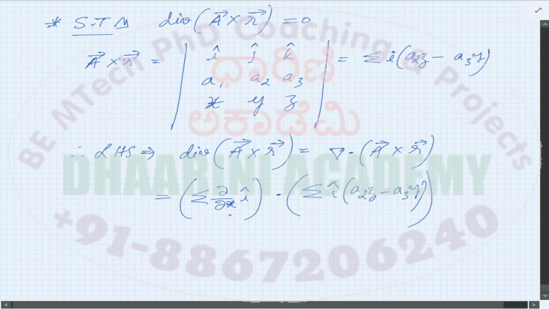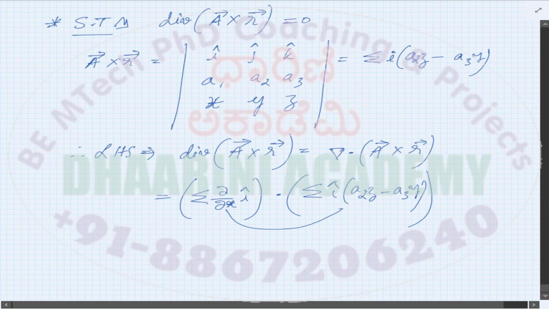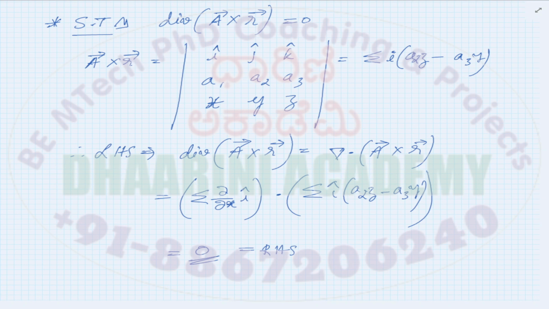Now you see, if you apply dou by dou x to this, there is no term containing x, which means it is 0. Differentiation becomes equal to 0, so all the terms will be reduced to 0 ultimately. So we can simply write this is equal to 0. That is the right hand side of the given question. Very straightforward answer.